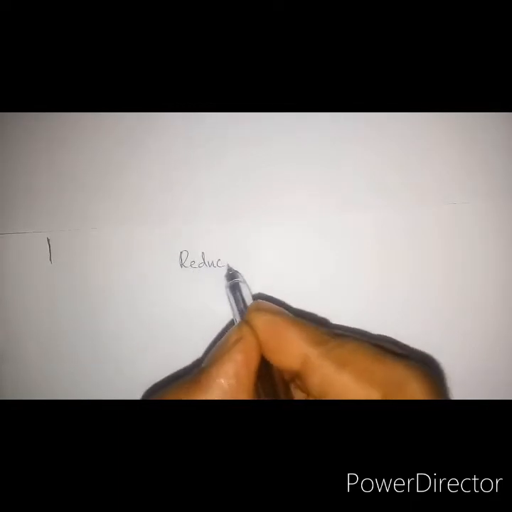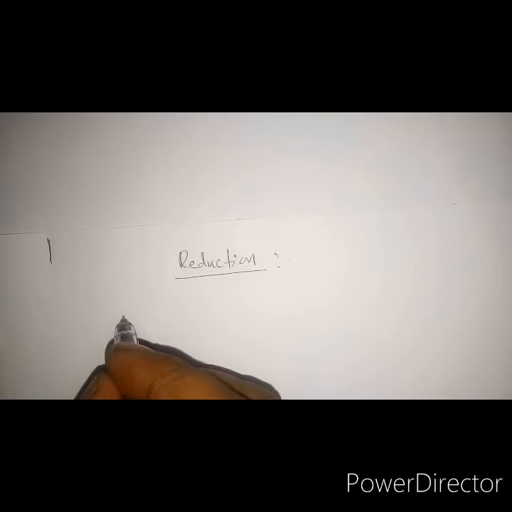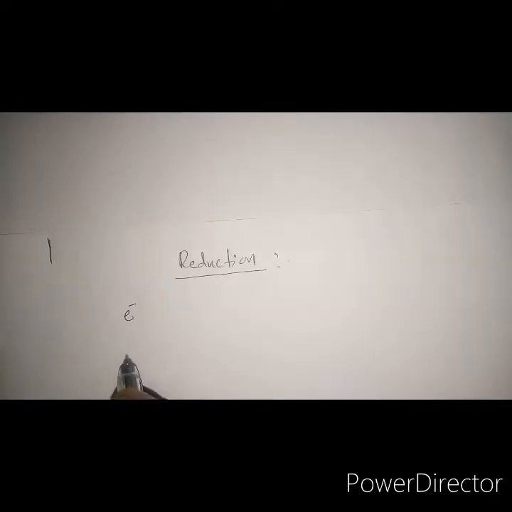So today we are going to discuss reduction reactions. Reduction. Now we can define reductions in three different ways: first, in terms of electrons; second, in terms of oxygen; and another, in terms of hydrogen.